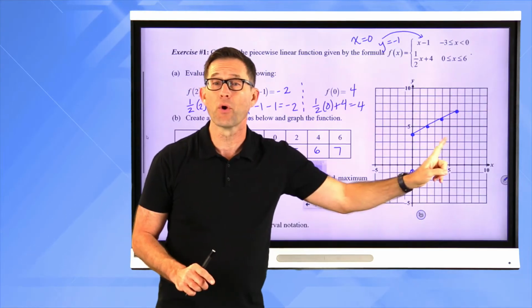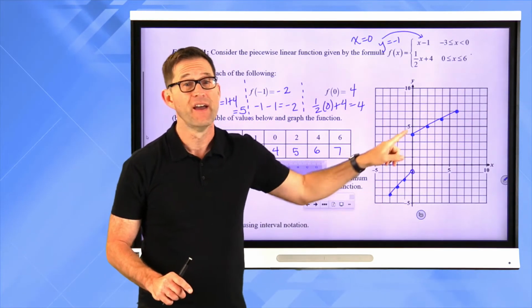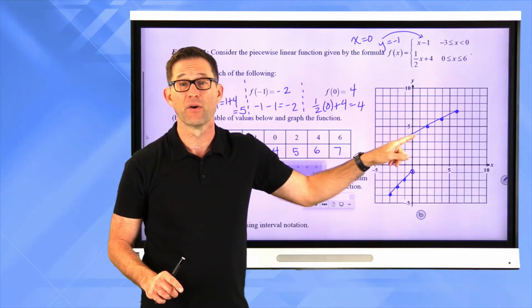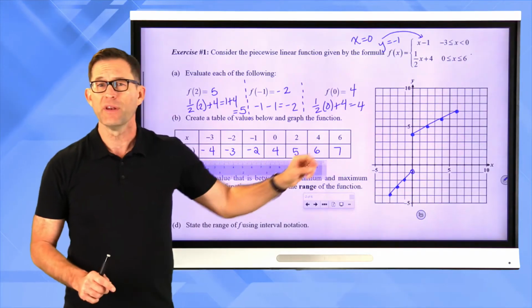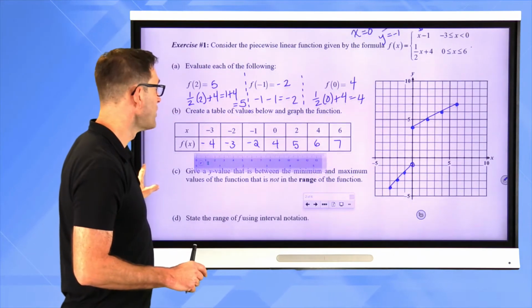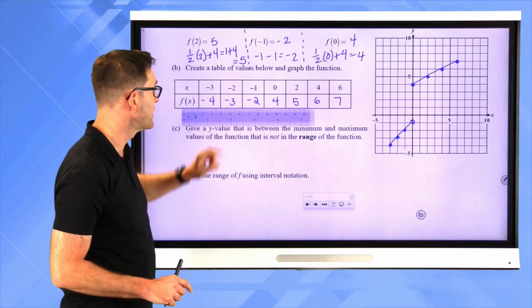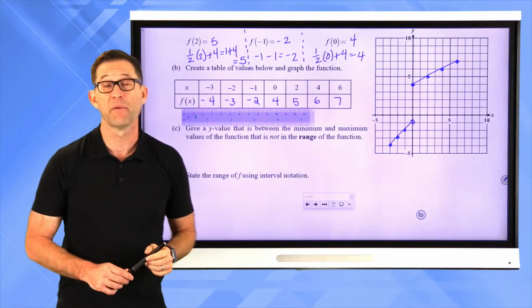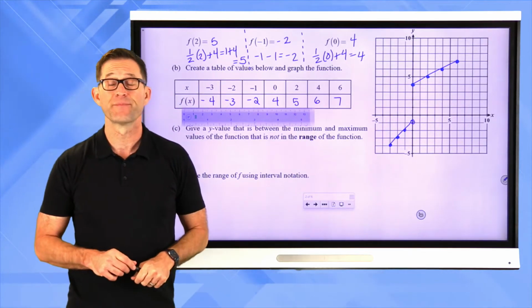So it would be inappropriate to have an arrow pointing in this direction or this direction, and certainly inappropriate to have arrows here or here. All right? But there we have it. And we definitely have a jump here, which is kind of interesting. We're going to start looking at how that affects some answers once we get into letter C. I guess I didn't really need my ruler, or maybe I should have used it to make those a little bit straighter. Let's take a look at C.